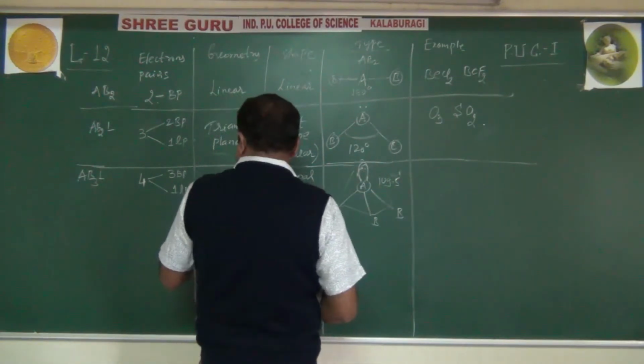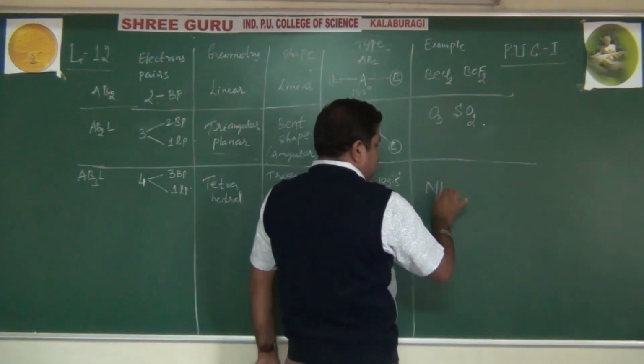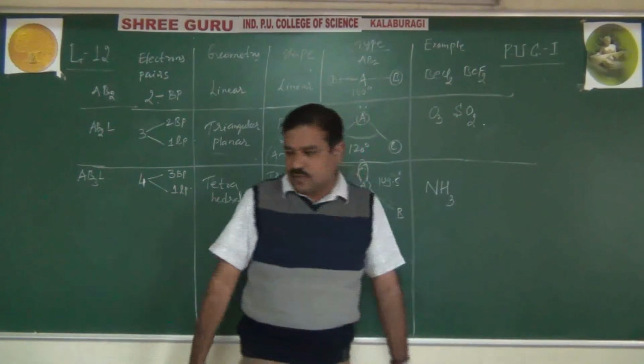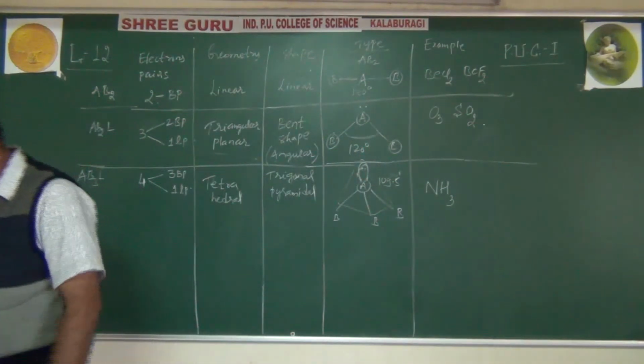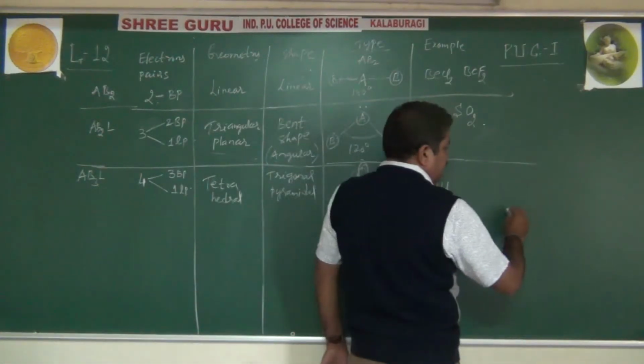But the best example to show this type is ammonia, NH3. Along with ammonia, there is no other example.